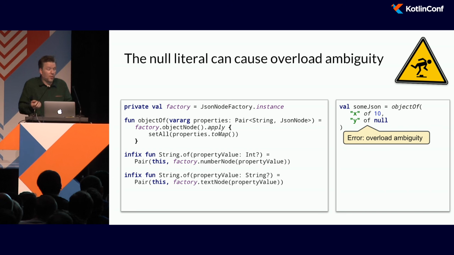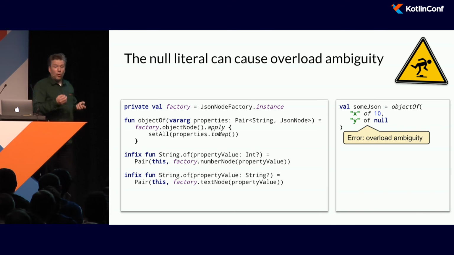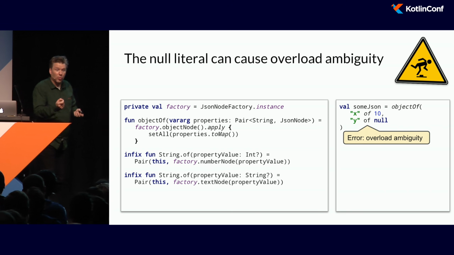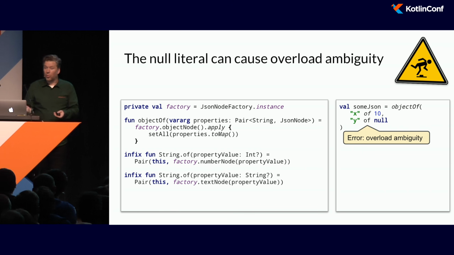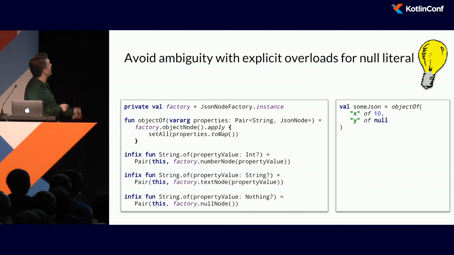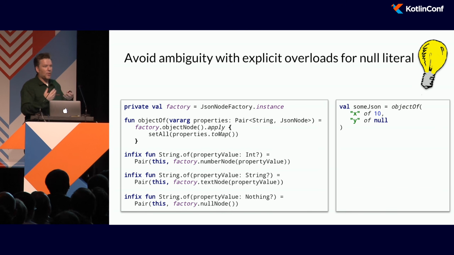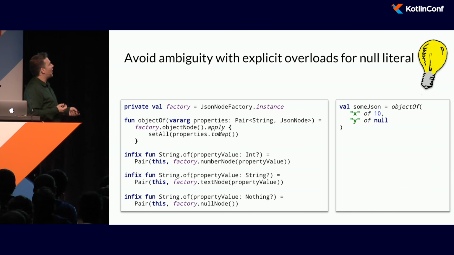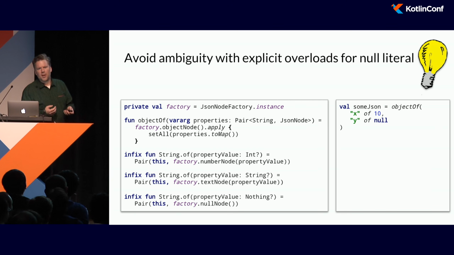There's nothing a compiler can do. But I can solve the problem by providing an overload specifically for the null literal, because I know that the type of the null literal is Nothing?. I add that in, provide an appropriate implementation, and my overload ambiguity error goes away.